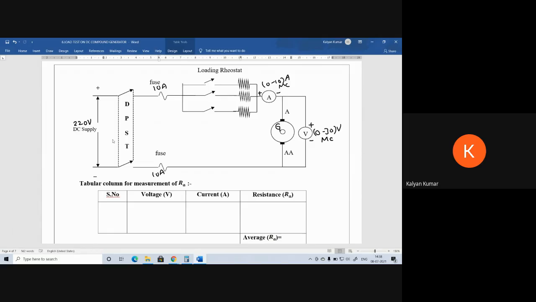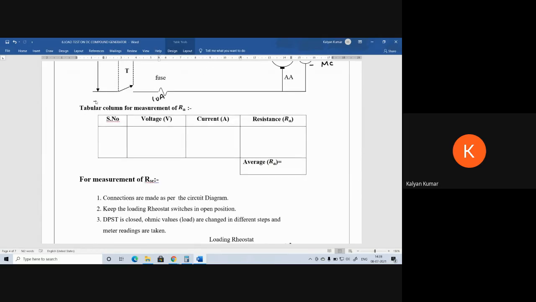From the voltmeter and ammeter readings, we can get the value of RA. Now, the values that we have obtained from the record: voltage is 2.6, armature current is 0.9. Next, 6 and 1.9. Next, 9.2 and 2.8.